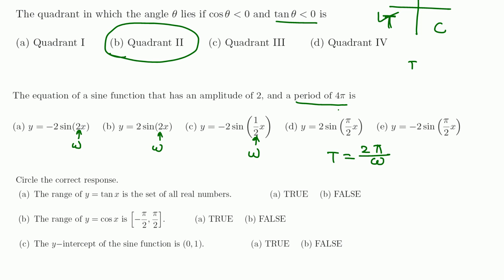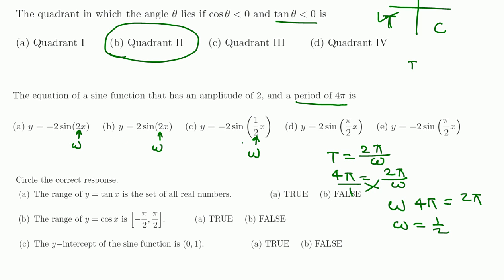So 4 pi equals 2 pi over omega. 4 pi is the same as 4 pi over 1. Now cross multiply and find the value of omega. Omega times 4 pi equals 2 pi. Now divide both sides by 4 pi. So omega is 2 pi over 4 pi, that's 1/2.